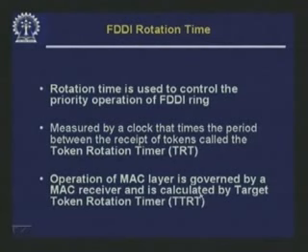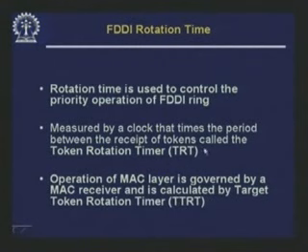Okay. So, TTRT, of course, usually you would expect that under normal conditions when the load is moderate, the token rotation time would be less than the TTRT. So, that is when the node is moderately loaded.